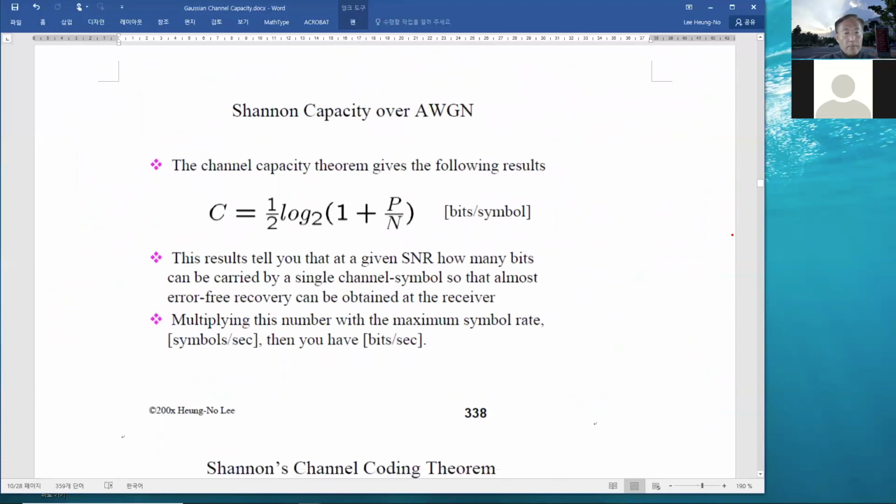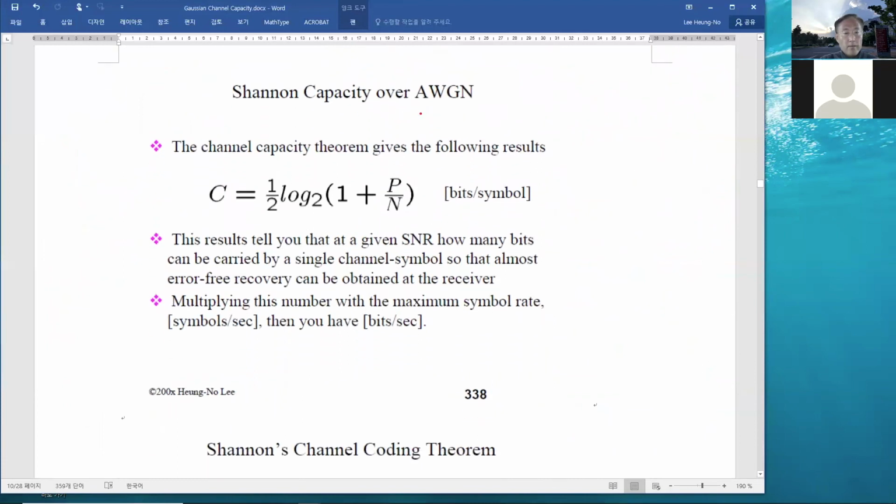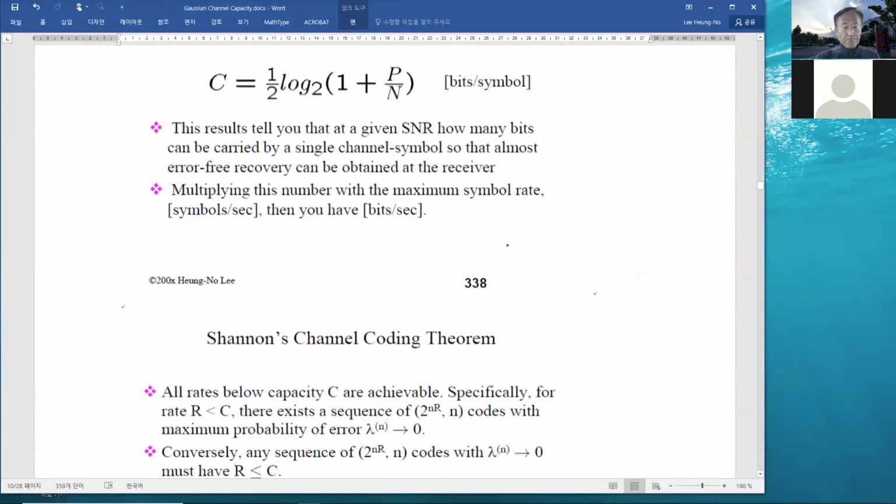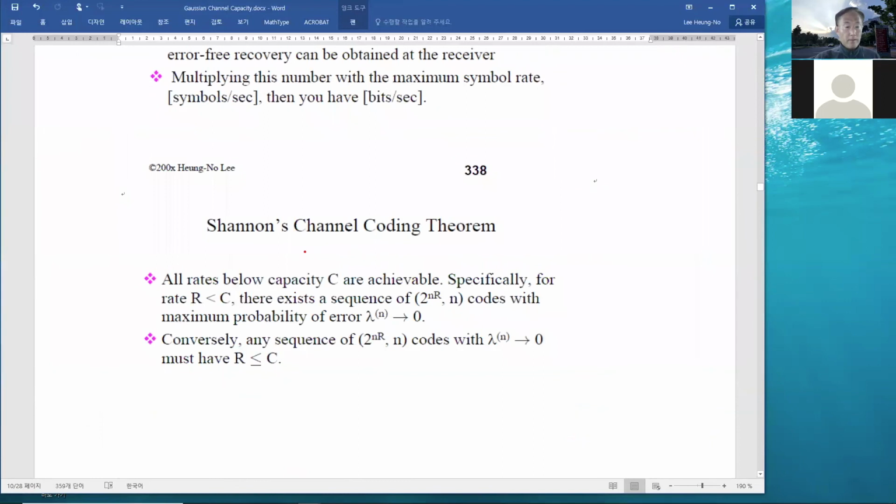So the Shannon capacity over AWGN is described by this. C is half log 2 of (1 plus SNR), in bits per channel symbol, or bits per symbol, or bits per channel use, and so on. Basically, Shannon's channel coding theorem can be written this way. All rates below capacity C are achievable.